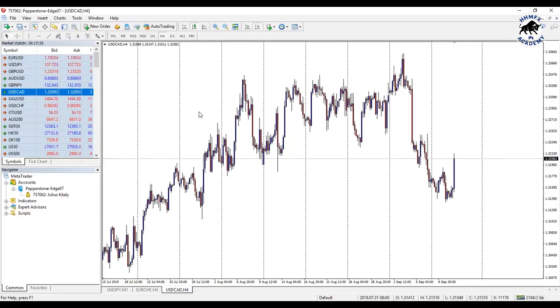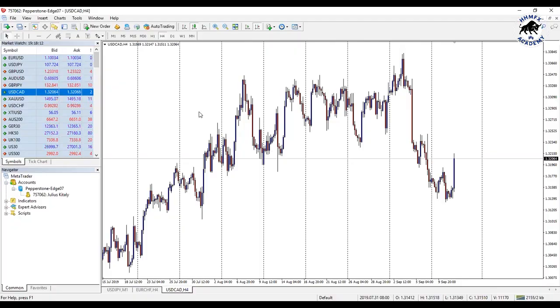All right, guys. So in our chart here, you can see we have USD Canadian dollar on the 4 hours time frame. And I want to advise you guys, when identifying and drawing support and resistance, I strongly recommend that you use higher time frames, starting with the 4 hours and daily time frames. For intraday traders, I strongly recommend using 4 hours and daily.